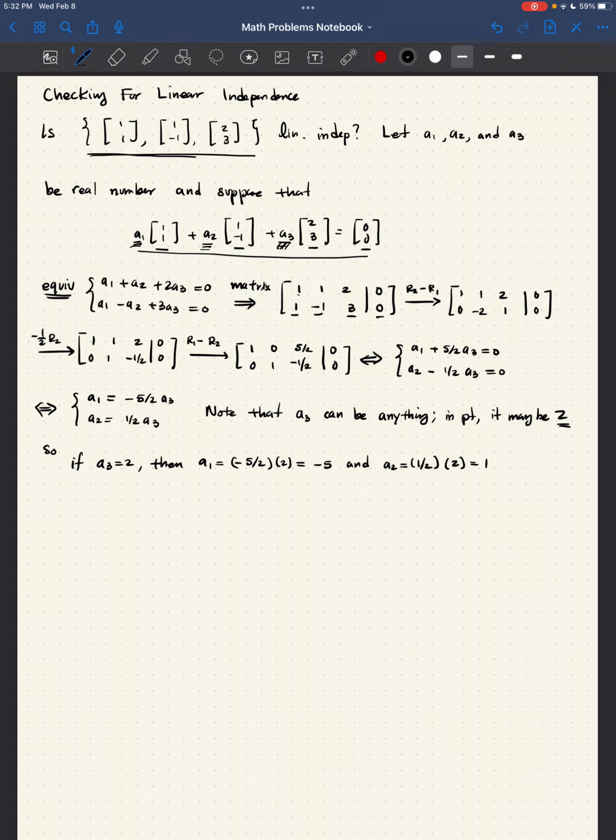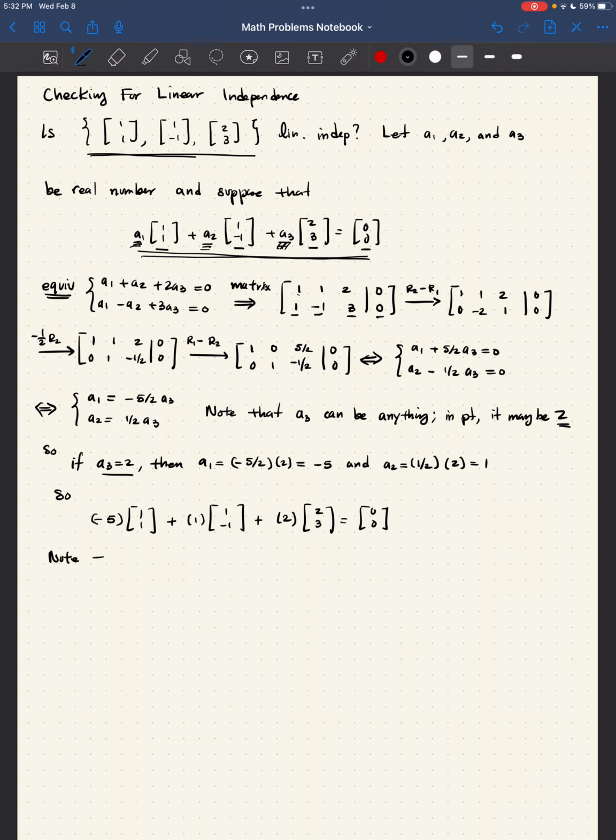So, what does this mean in terms of the original equation that we started with? Well, we have found the following. A1, which is negative 5, times (1, 1), plus A2, which is 1, times (1, -1), plus A3, which is 2, times (2, 3), is equal to (0, 0).